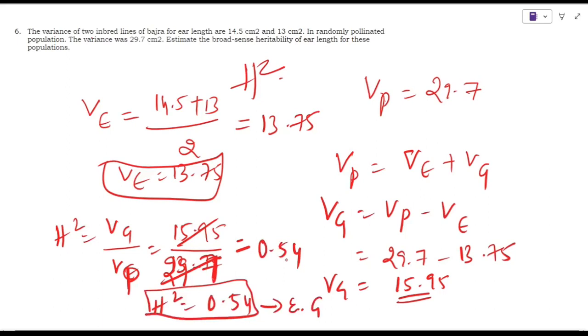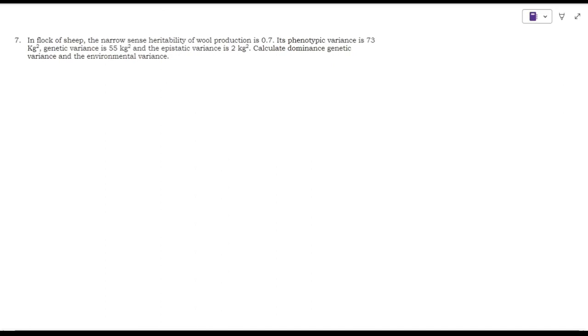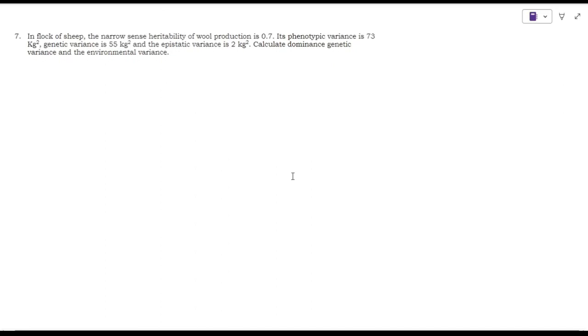Next, we will move on to the last problem in this section. In a flock of sheep, the narrow sense heritability of wool production is 0.7. Its phenotypic variation is 73 kg square, genetic variation is 55 kg square, epistatic variation is 2 kg square. Calculate dominant genetic variation, that is VD, and environmental VE.